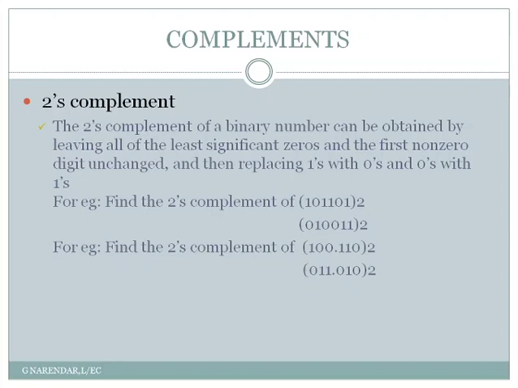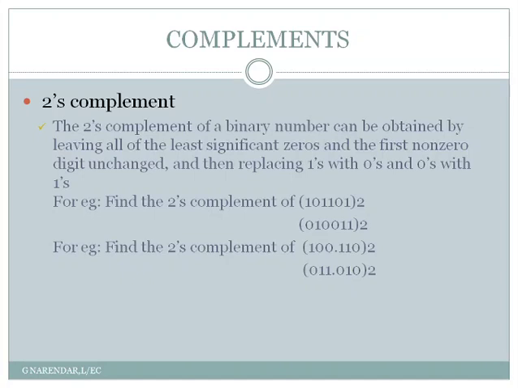So this is how we obtain the two's complement of a given binary number. What we have to do is start observing the bits from the least significant position, and as we move towards the most significant positions, the higher positions, if you find zeros, leave them as is.